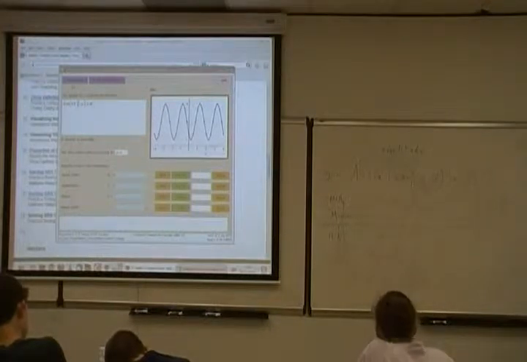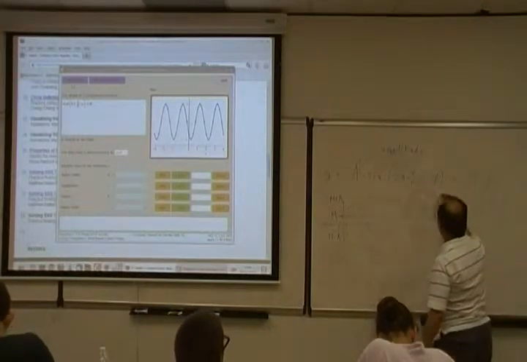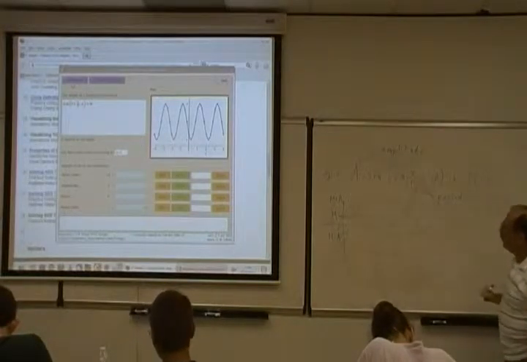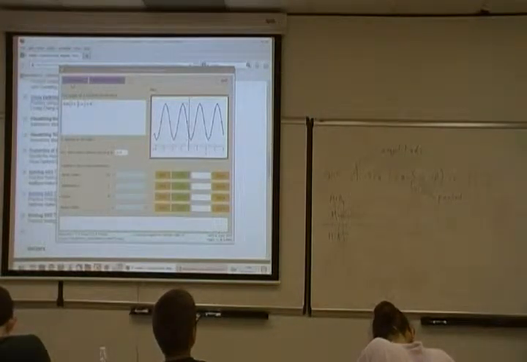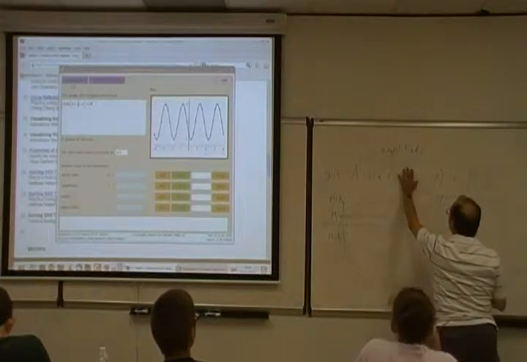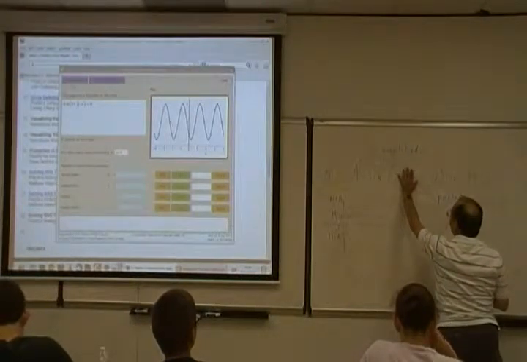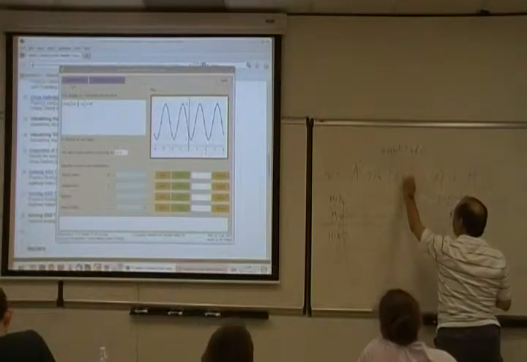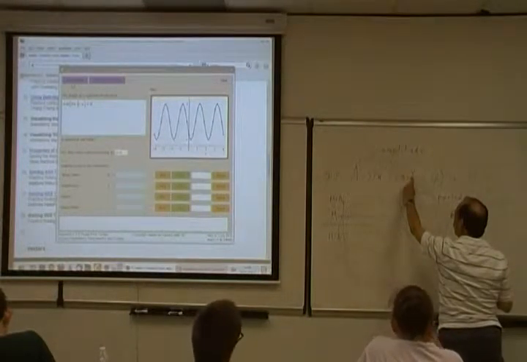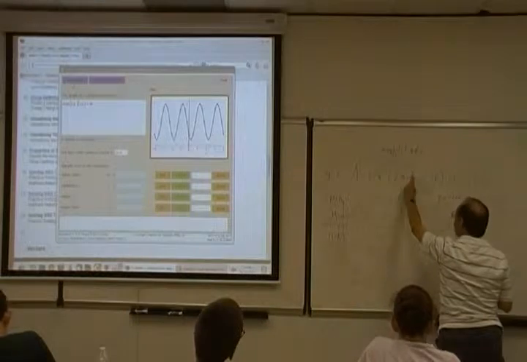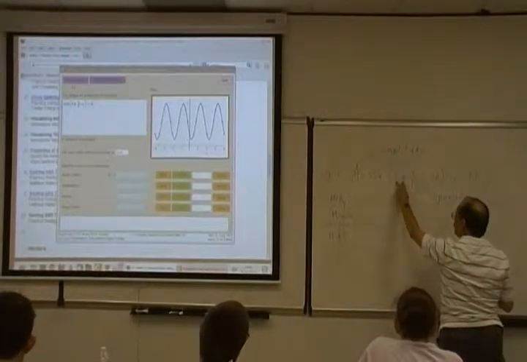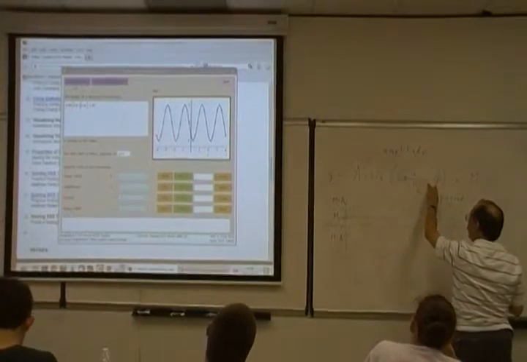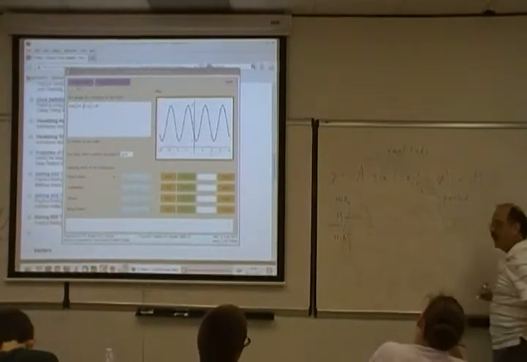The period is P. When x is 0, you are at sine of minus phi, whatever phi is, okay? When x is P, then 2 pi, P over P is 1, and what you've done is taken minus phi and added 2 pi to it.